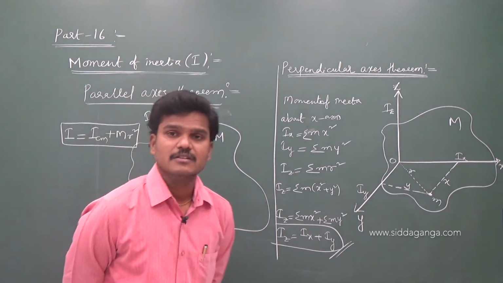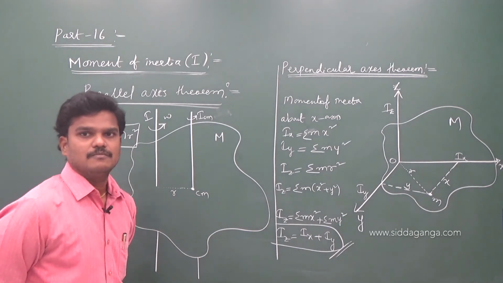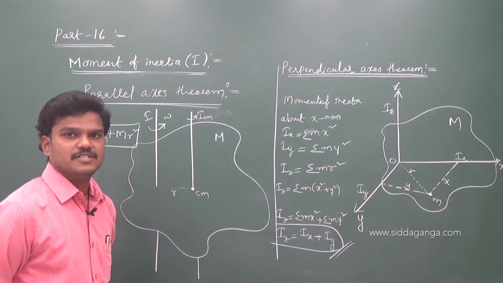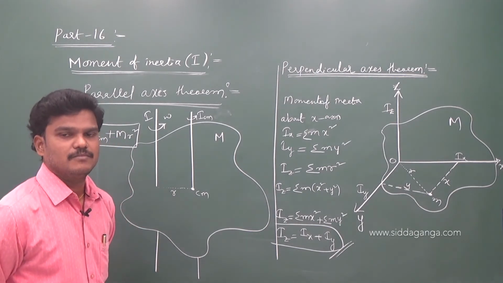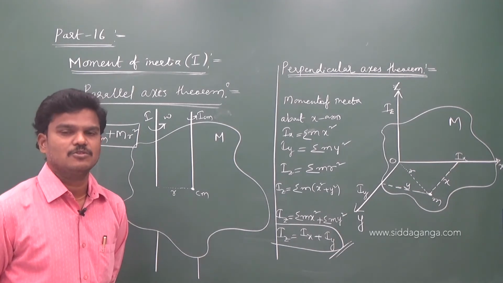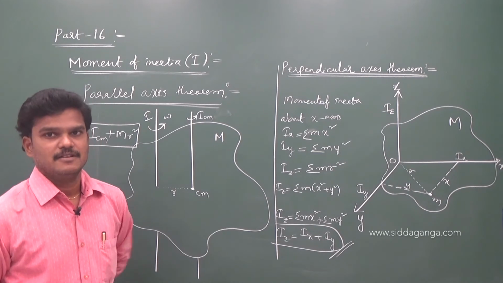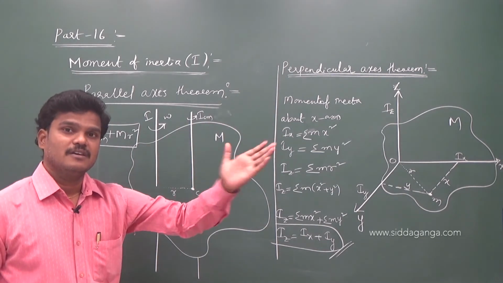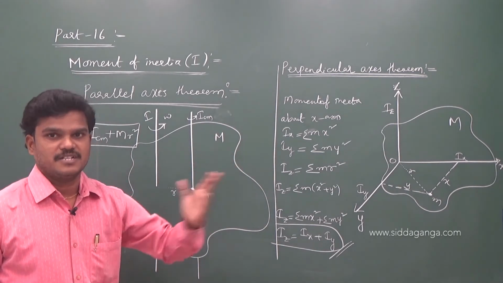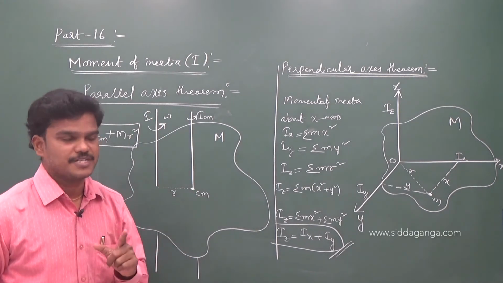What is the basic definition of moment of inertia? Generally we can define it as the product of the mass of the body and the square of the distance between the body and the axis of rotation. The distance is perpendicular: m into r square, where r is the perpendicular distance from the axis of rotation.